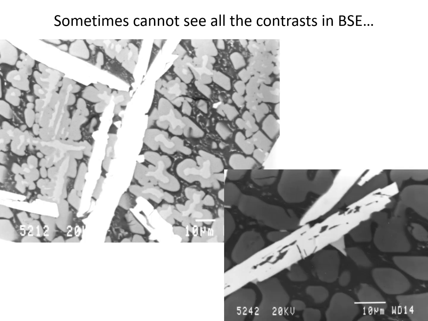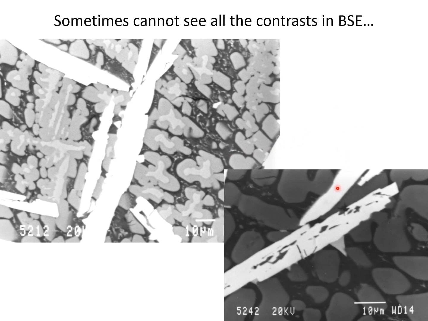Sometimes we use backscattered electrons, which is great because that gives you the average atomic number of the phases, so the lighter something is, the higher average atomic number it is, and the darker something is, the lower atomic number it is. So these needles were very rhenium rich, and then the black is virtually pure aluminium.